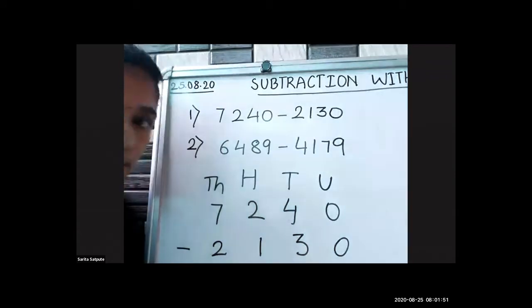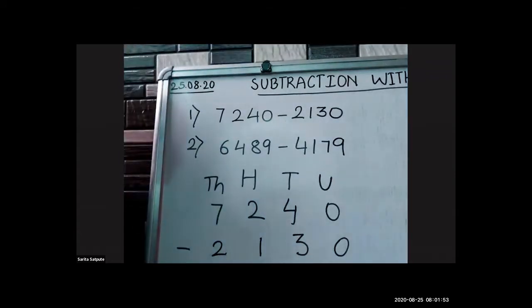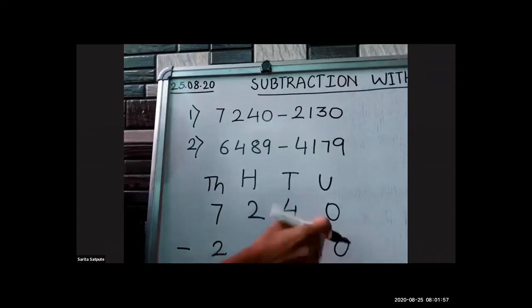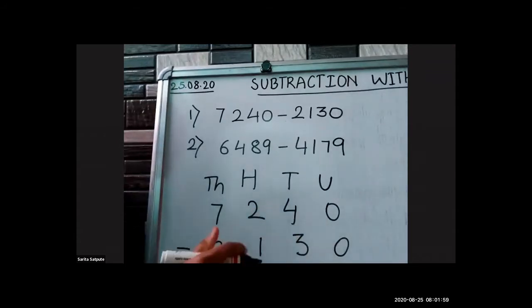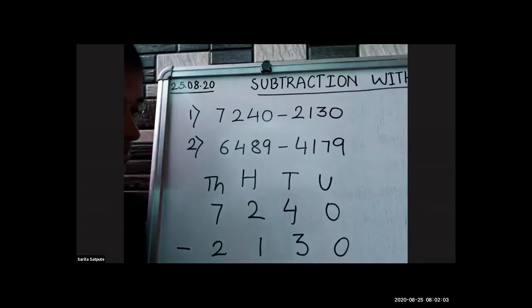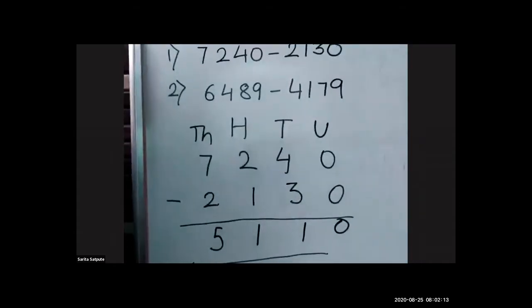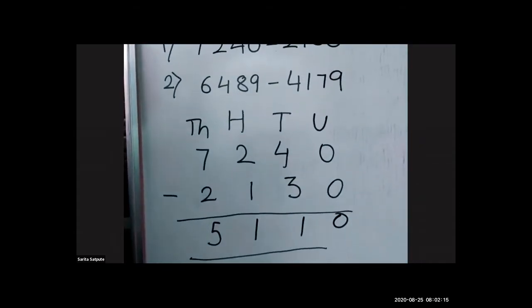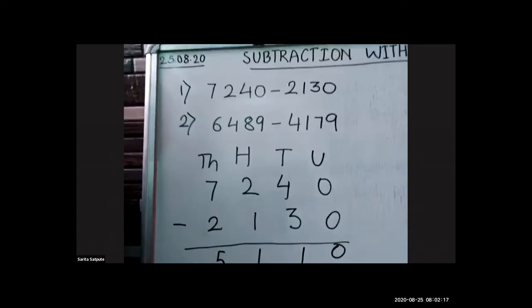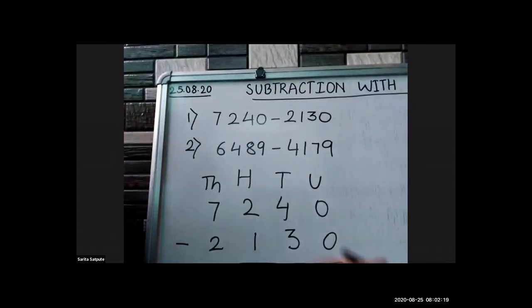As you all know, we subtract from the unit side. So 0 minus 0 is 0, 4 minus 3 is 1, 2 minus 1 is 1, and 7 minus 2 is 5. So the answer is 5110.